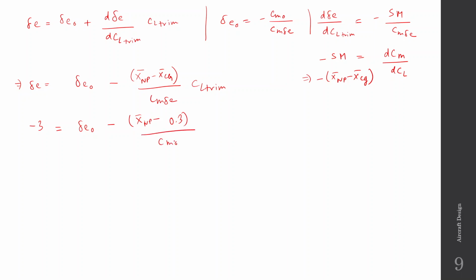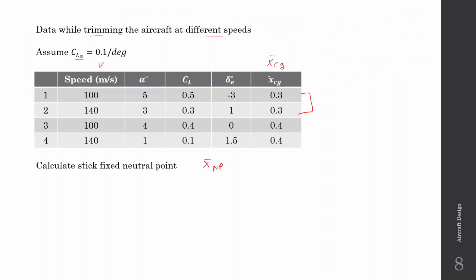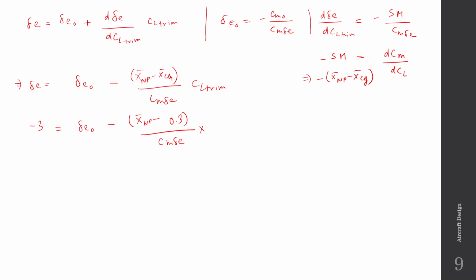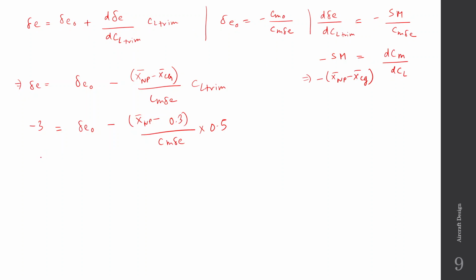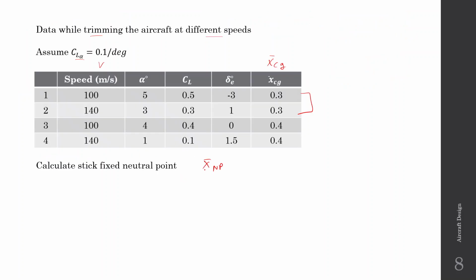Cm delta E also we don't know. And CL trim we know it is 0.5. So this is one case. Another case is the second row, which is 1 is equal to delta E naught minus x bar NP minus 0.3 by Cm delta E into 0.3.